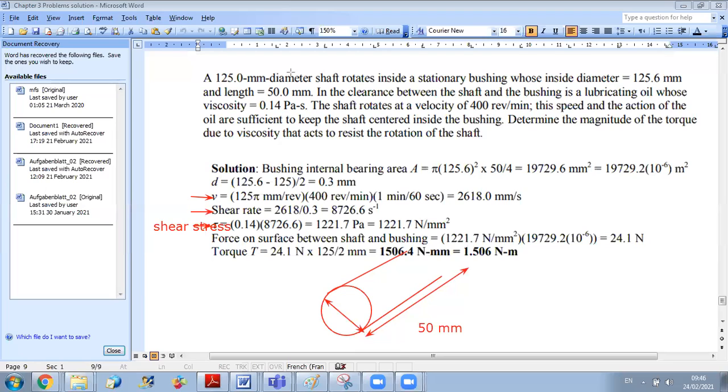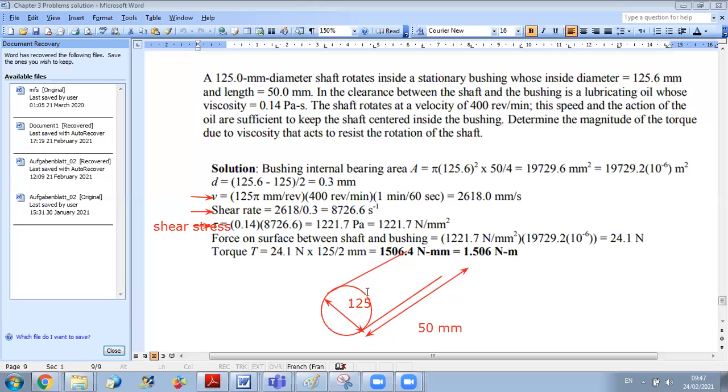It's equal to 125. So what will be the area exposed to shear? The outside area of the cylinder. It's equal to 2 pi r times 50. Exactly. So I should do the 2 pi r, which gives me the perimeter, or if you want, pi times d, and I multiply by the length.